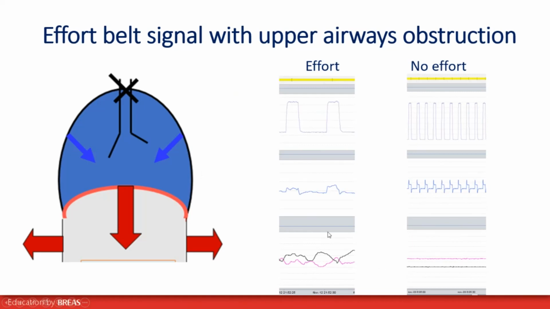And this is what we will see if we have some effort during an obstruction: an increase in the abdominal belt and a concomitant decrease in the thoracic belt, which we call a paradoxal movement. And sometimes we see that there is absolutely no effort during the upper airway obstruction, which suggests that a decrease in the respiratory drive may be the cause of the obstruction.